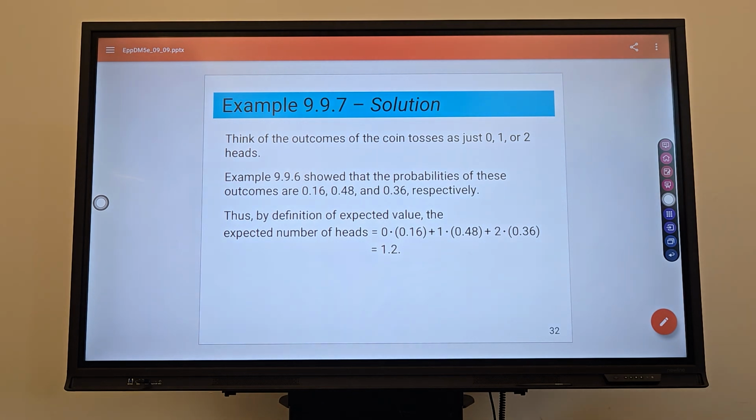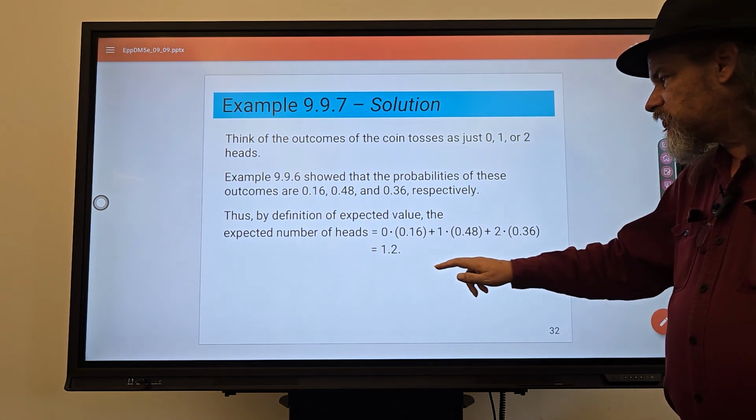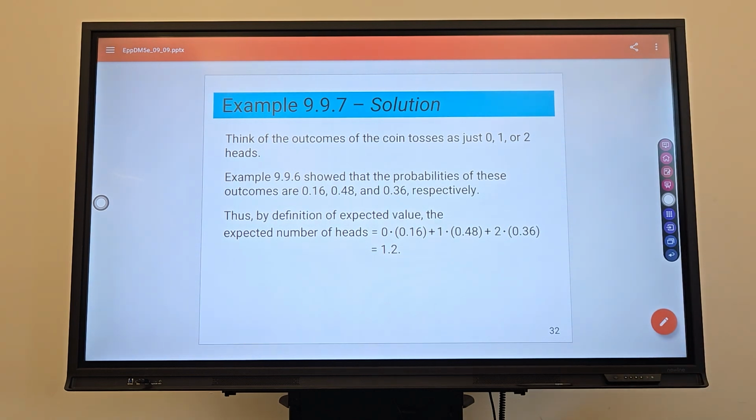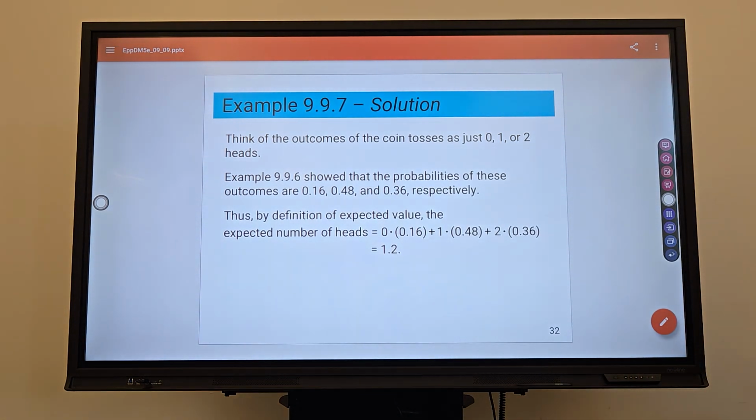So the total number of heads you would expect over time is 1.2, or out of 100, 60 heads.